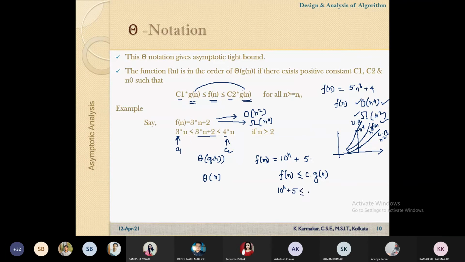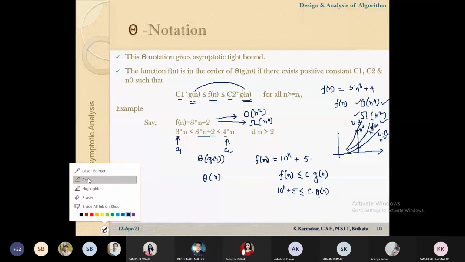So you have to find some constant into Gn. So what should be the value of Gn?